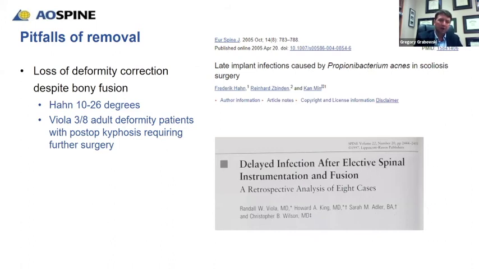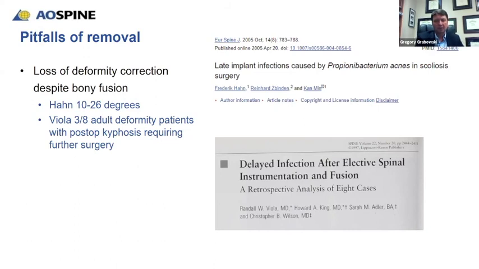And so Hahn looked at Propionibacterium acnes infections in the late period in pediatric scoliosis surgeries. Those people who were already healed on clinical inspection had their instrumentation removed, and they ultimately typically lost somewhere between 10 and 26 degrees of correction.